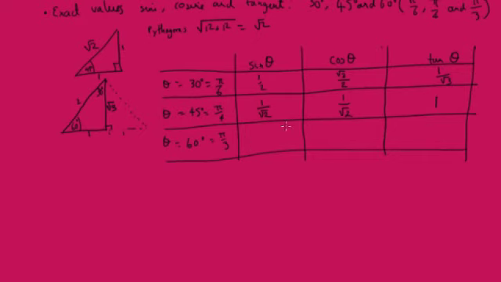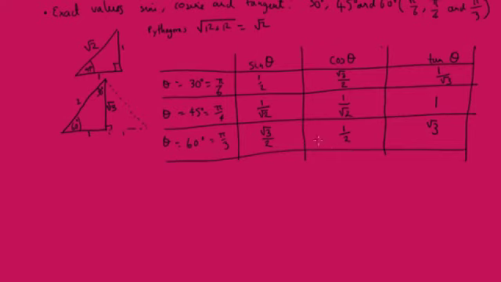Now the sine of 60. So for the 60 degrees we get root 3 over 2. For the cosine we have 1 over 2, and for the tangent we have root 3.